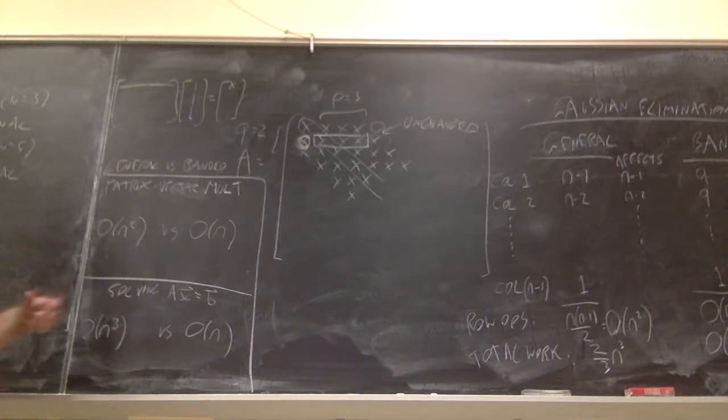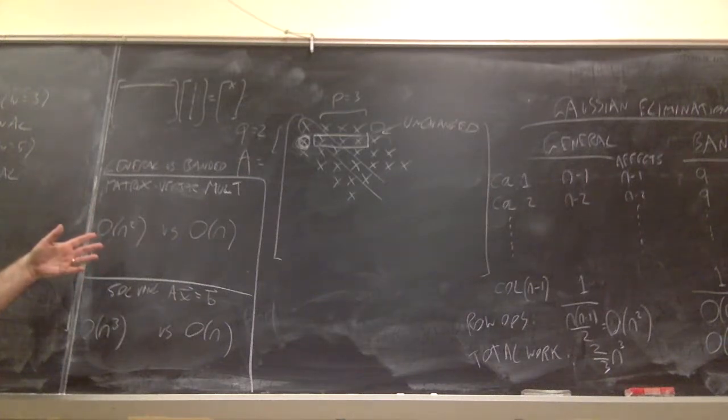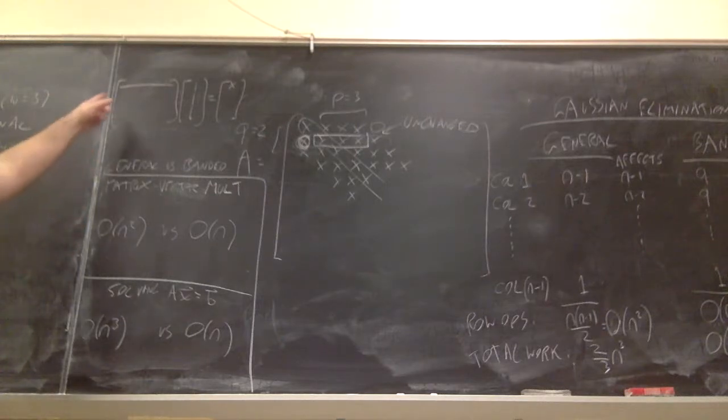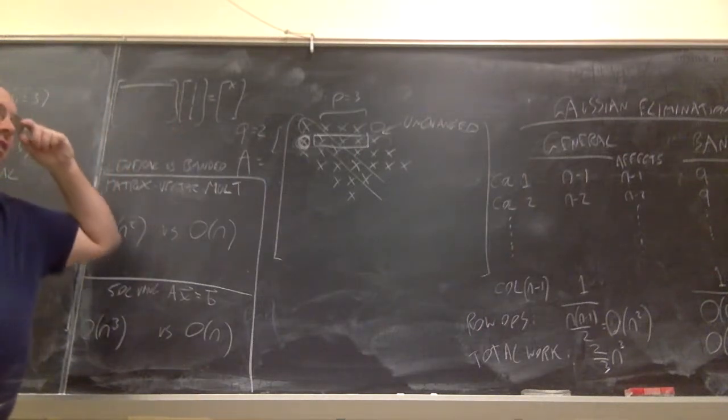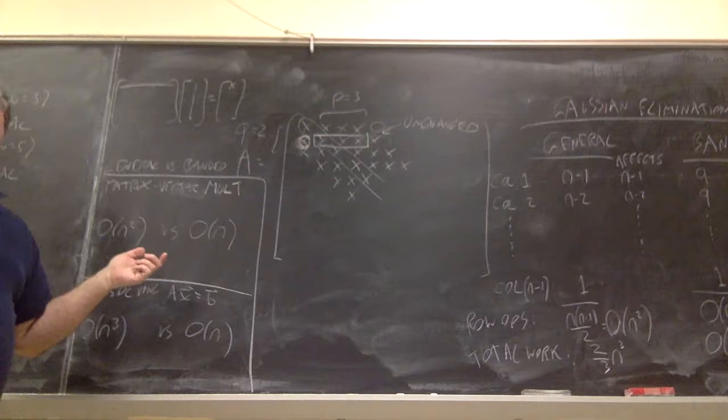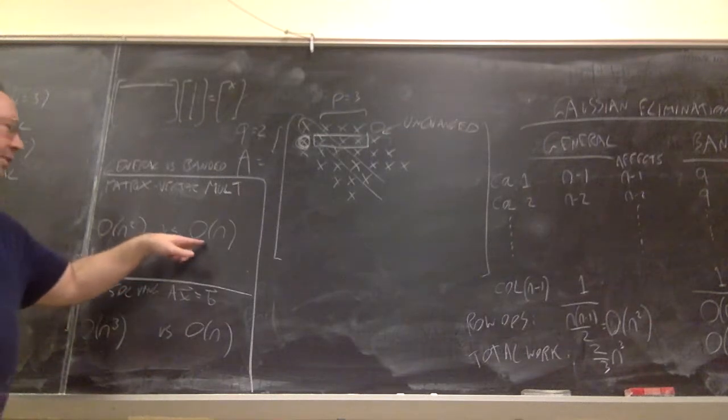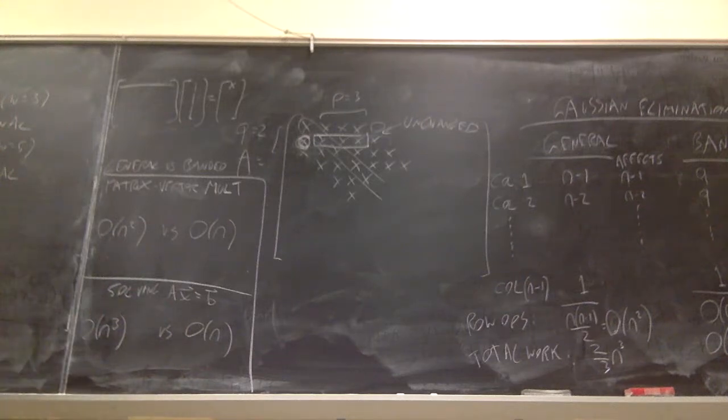Sorry, I can be more specific than that. If your total bandwidth is W, then the total number of multiplications you perform as you go across each row and down the vector is W. So I could say order W times n arithmetic operations.